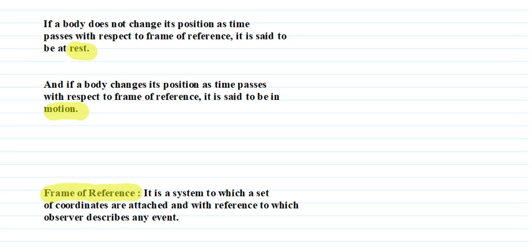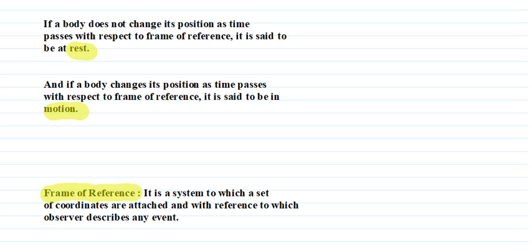Basically, it is a system to which a set of coordinates are attached, and with reference to which an observer describes any event.